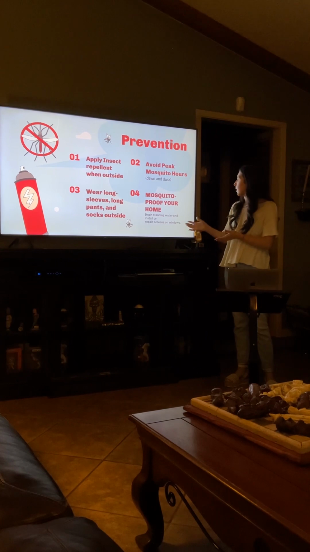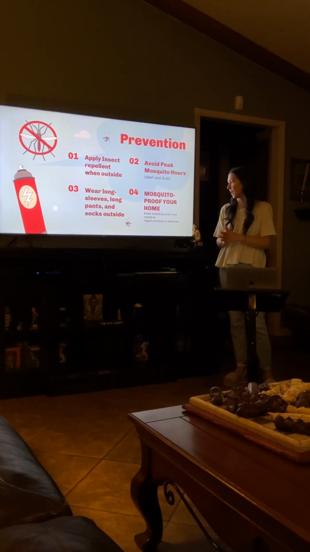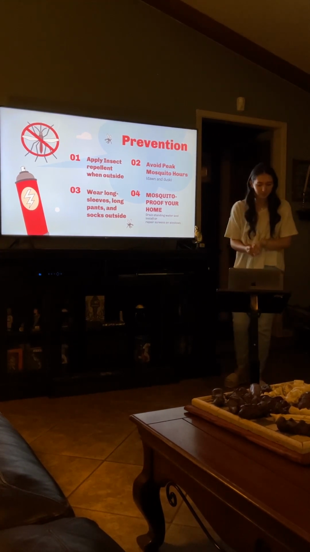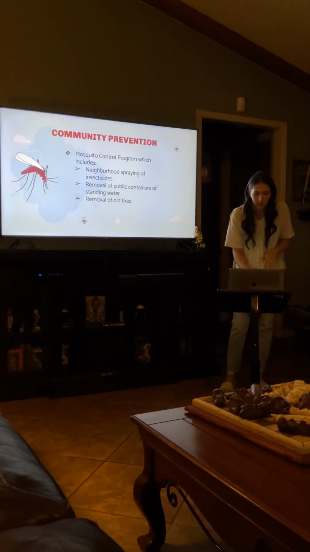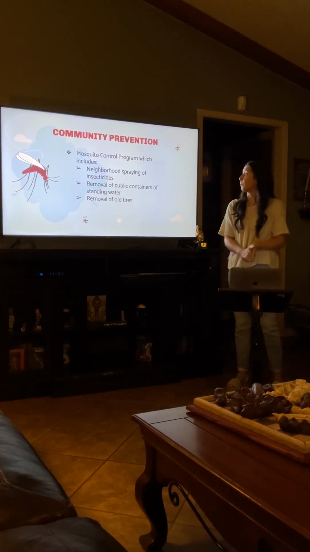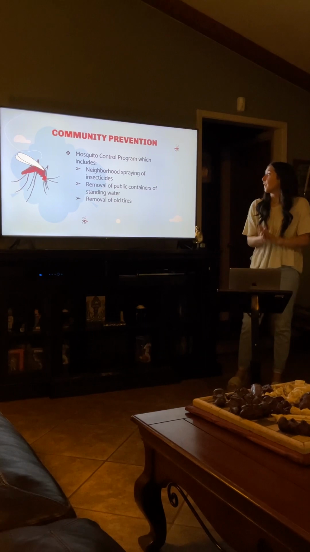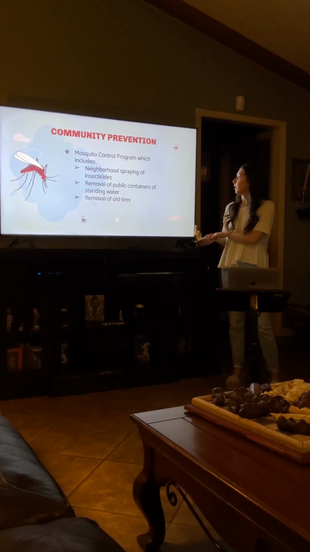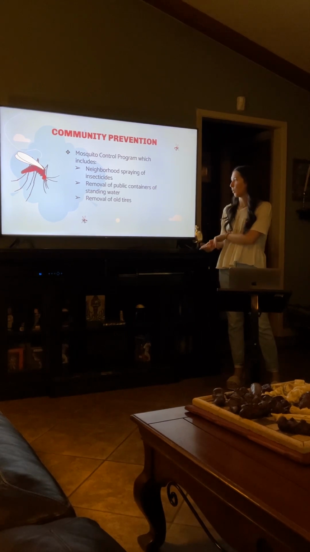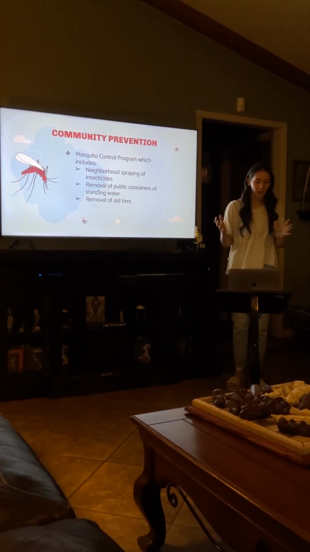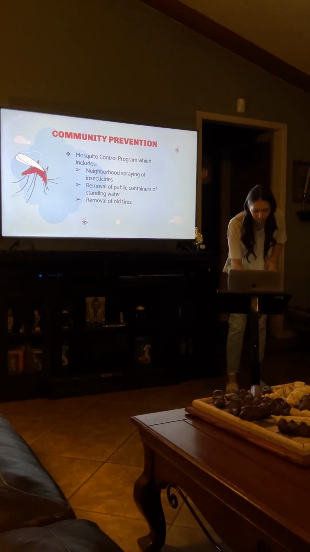And mosquito proofing your home by draining standing water and installing or repairing screens on windows. For the community prevention mosquito control program, which includes neighborhood spraying of insecticides, removal of public containers of standing water, and removal of old tires since they attract mosquitoes.